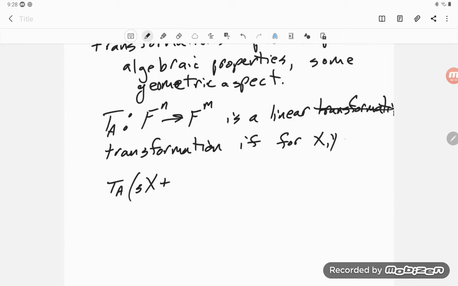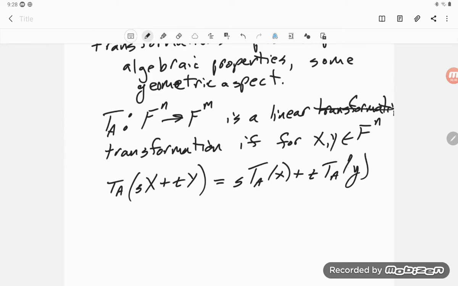So x and y in F^n, and then t times y. That is the same thing as s times T_A of x plus t times T_A of y.